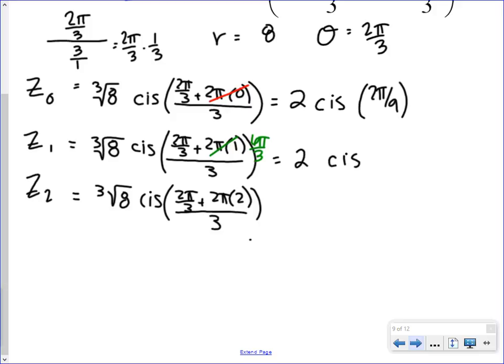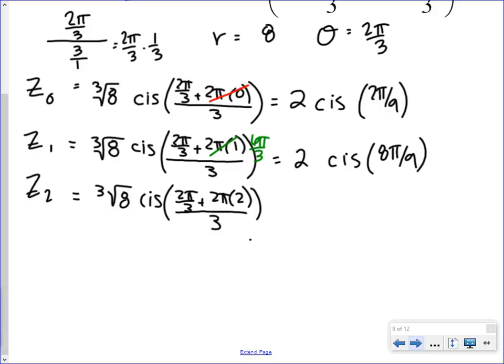So you start to notice there are some patterns that will be helpful. If you do the little bit of extra thinking on that first one, then you'll know your denominators. And I've got one more to do. This time I'm doing 2 pi over 3 plus 2 pi times 2. That would be 4 pi, and that would be 4 pi over 1.